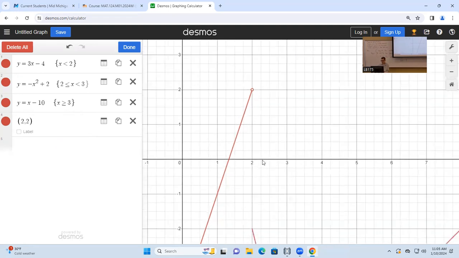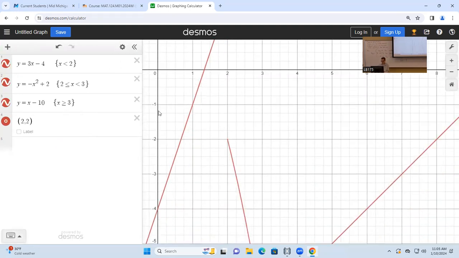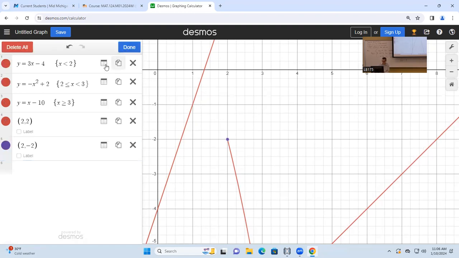All right. By the way, the other point, 2, negative 2, it does touch. So oftentimes you'll see a closed point to indicate that it does touch.